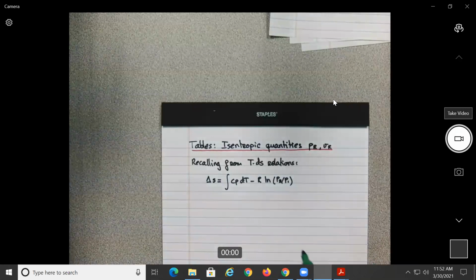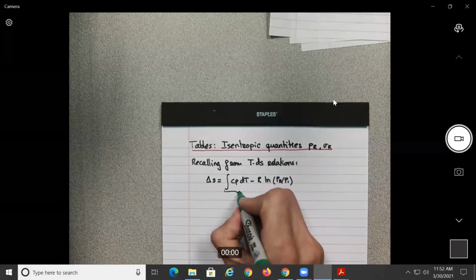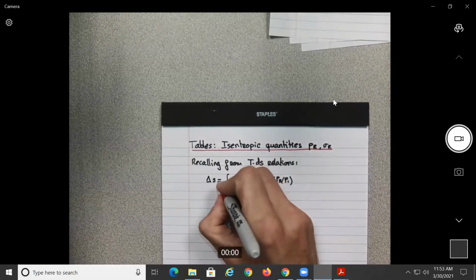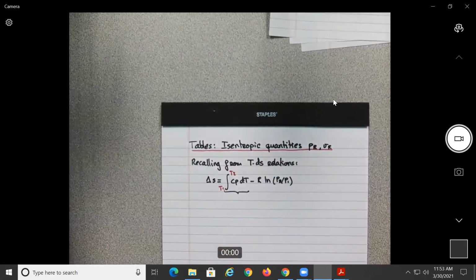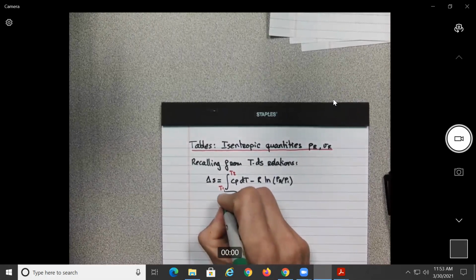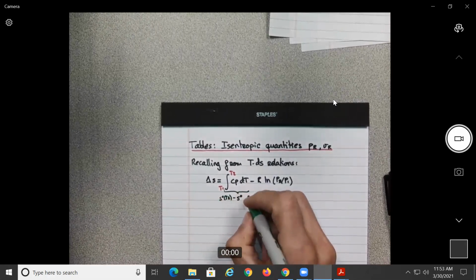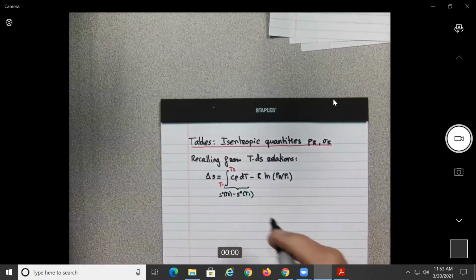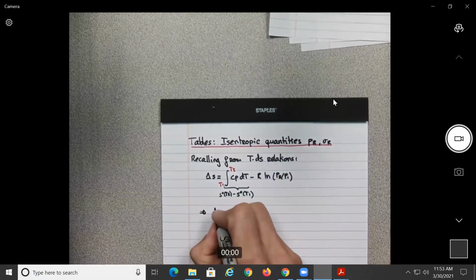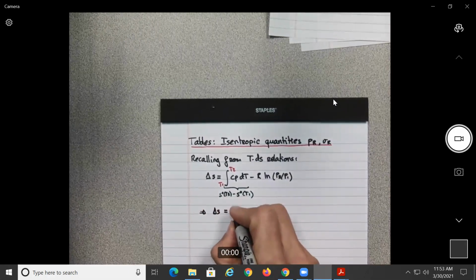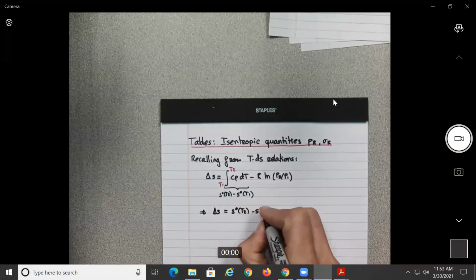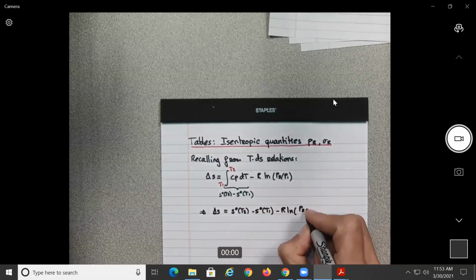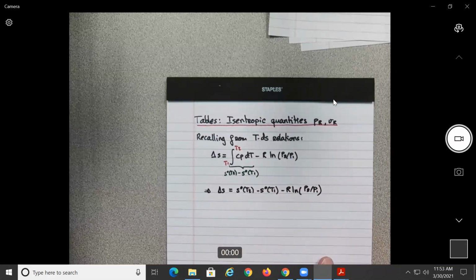So basically, we already know that this term over here will just be, this is T1, T2, S upper naught T2 minus S upper naught T1. So the change in entropy is equal to S upper naught T2 minus S upper naught T1 minus R log P2 over P1.